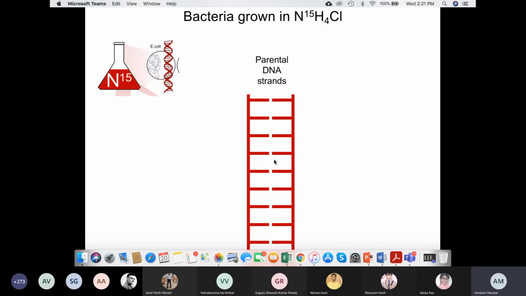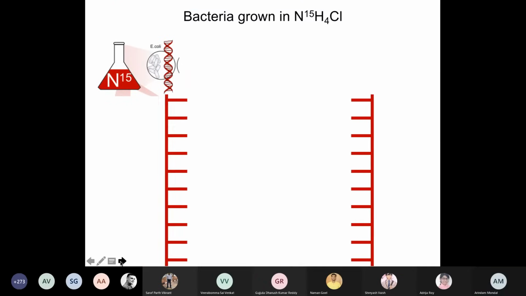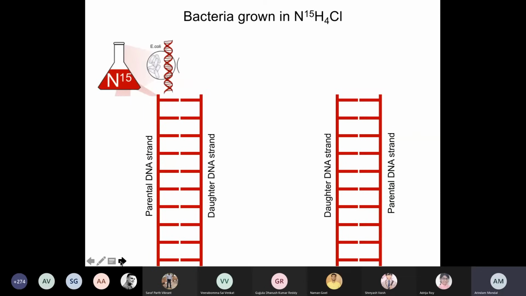So this double-stranded DNA will get separated from each other. Each of the parental strands will get separated, and then new strands will be synthesized. So these are the parental strands and these are the new daughter strands. And whatever new daughter strand will be synthesized, everything will be N15 labeled, right?